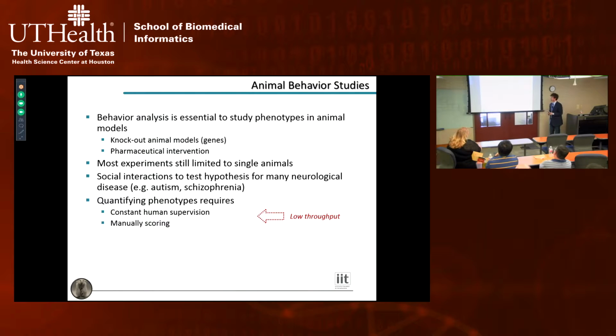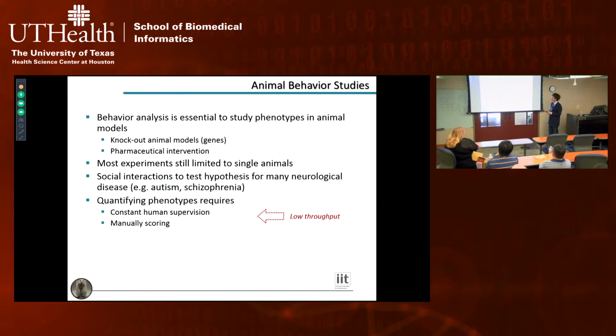And this is a problem for doing tests to study autism, schizophrenia, and anything that has a social component, which are some really exciting areas of research. To do that, we need constant human supervision and manual scoring, which is hard to get and low throughput.